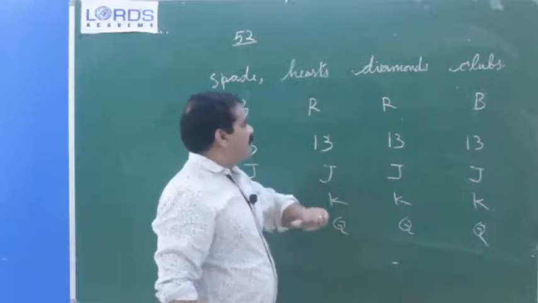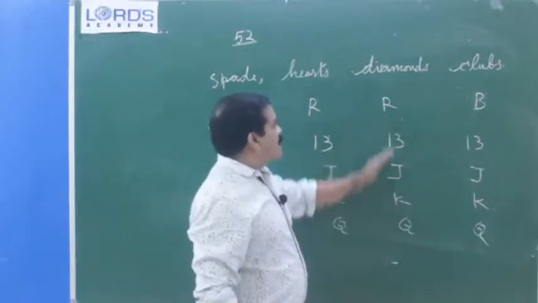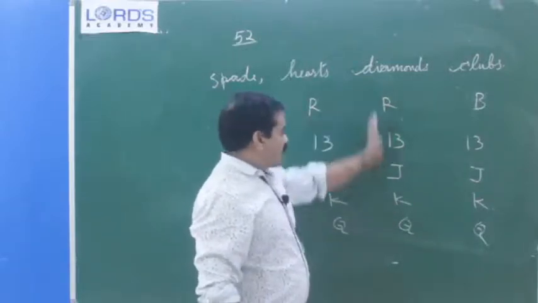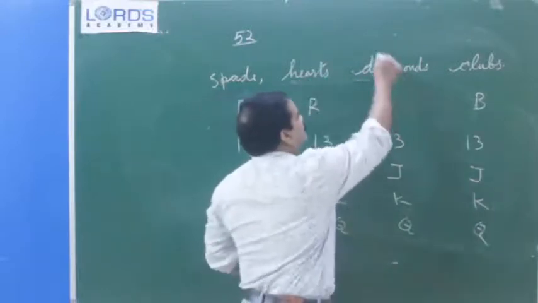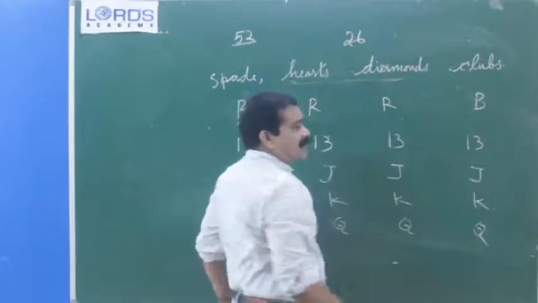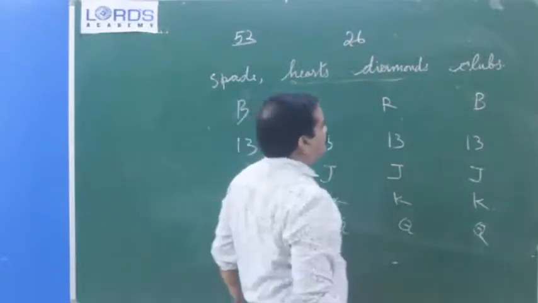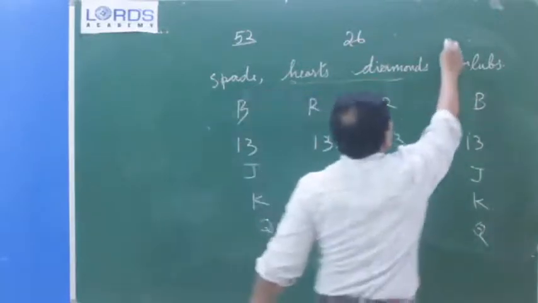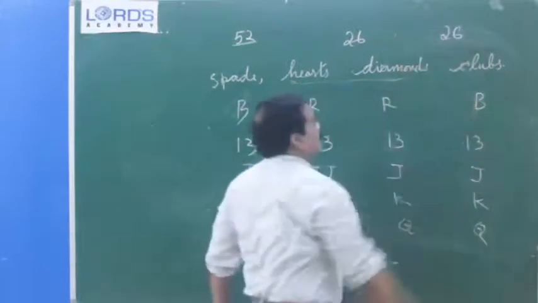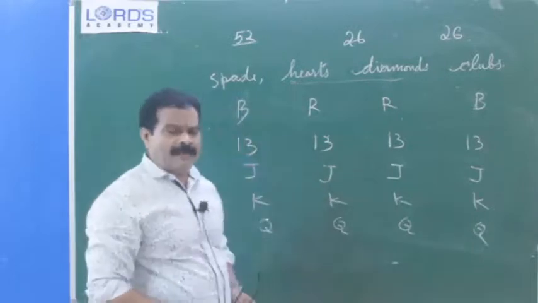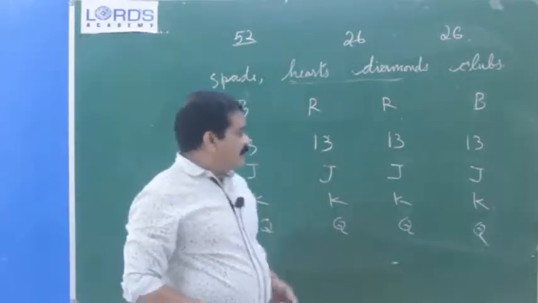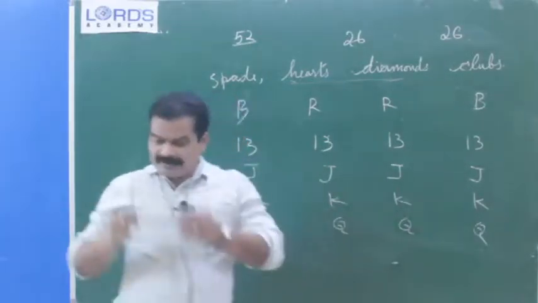These 13 cards are all red, these hearts and diamonds. Then the total red cards you can see is 26, 13 plus 13, 26. Total black will be 26. 26 plus 26, you will get 52. Okay. Then we can proceed with this question.